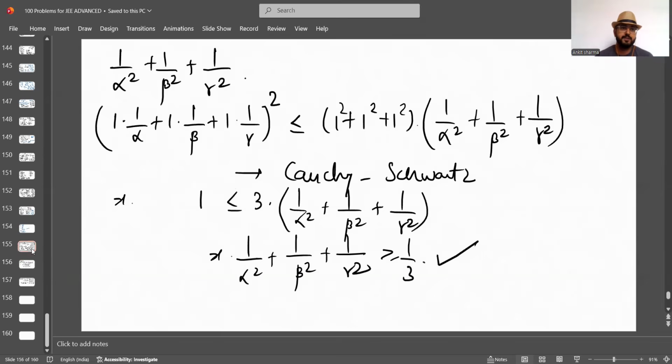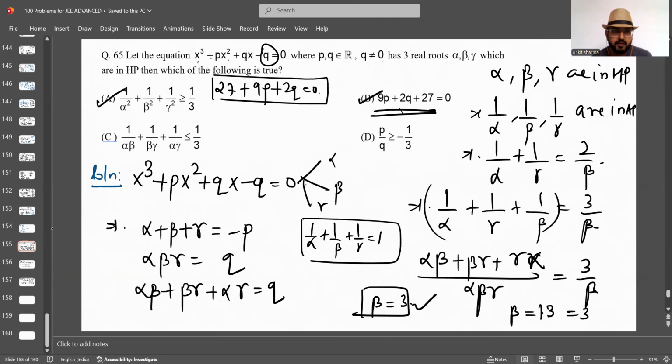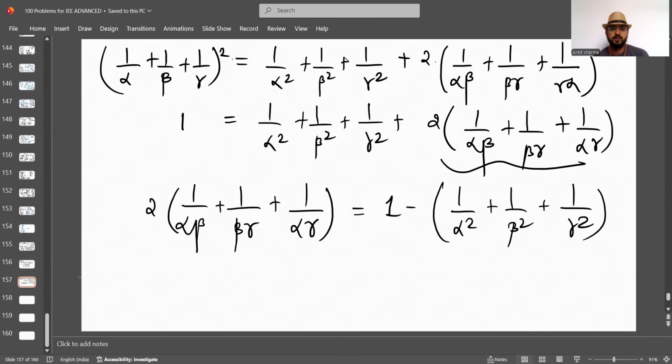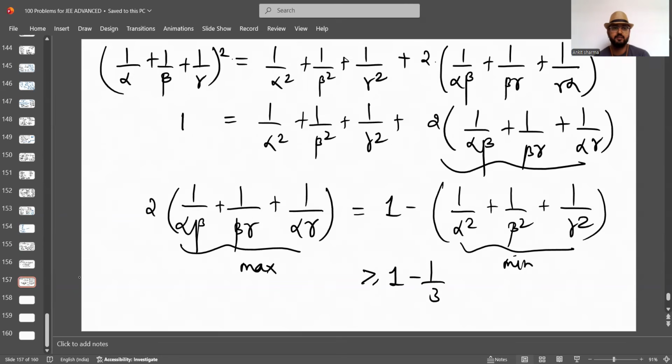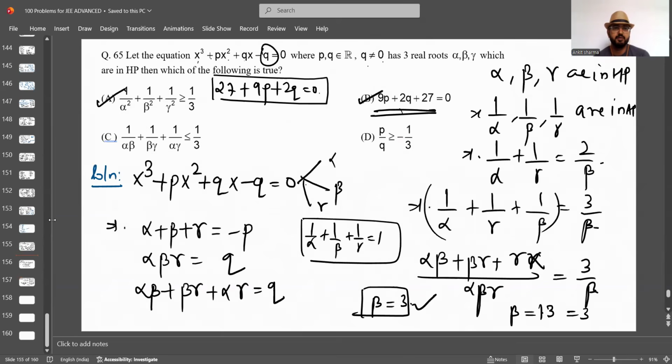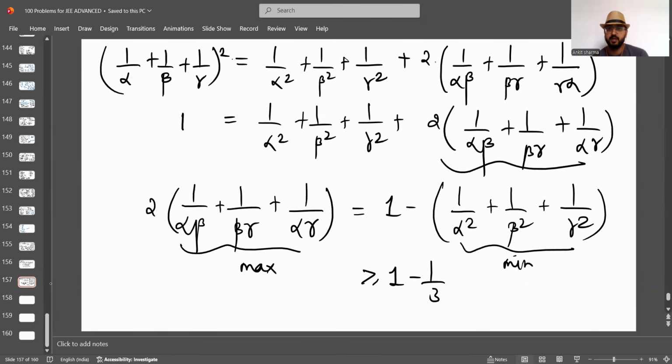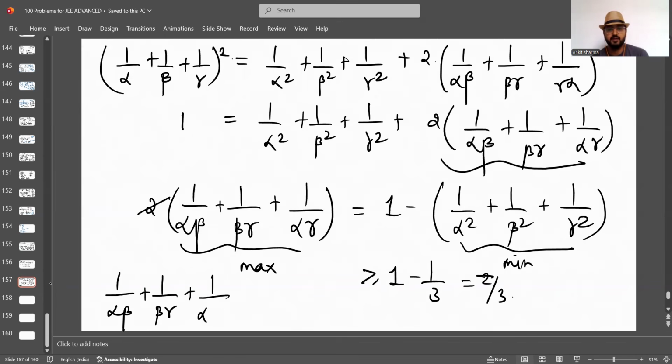Now I want the maximum value of this, so for the maximum value of this, that term should be minimum. The minimum of this is 1 over 3, as we solved in the first problem. So I'll plug it in here, which gives me 2 over 3. Then, cancelling the 2, 1 over alpha beta plus 1 over beta gamma plus 1 over alpha gamma is greater than or equal to 1 over 3.